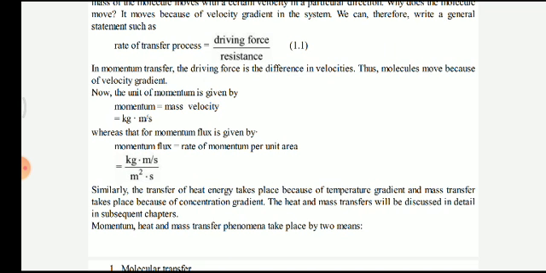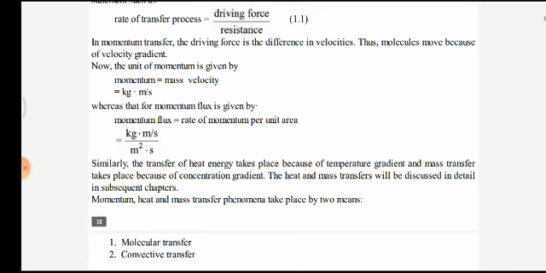So the rate of momentum is kg into meter per second, divided by the unit area, which is meter square, and per rate means per second. So one meter will cancel over here, and we get kg per meter into second square.